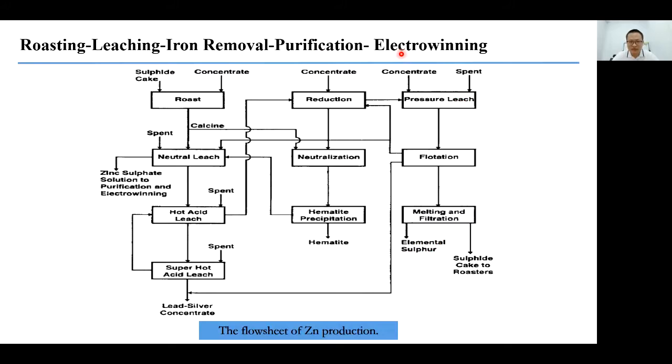hydrometallurgical process. But we know that first comes roasting. Roasting is a pyro unit, which is used to help or to assist the following treatment of the calcine.